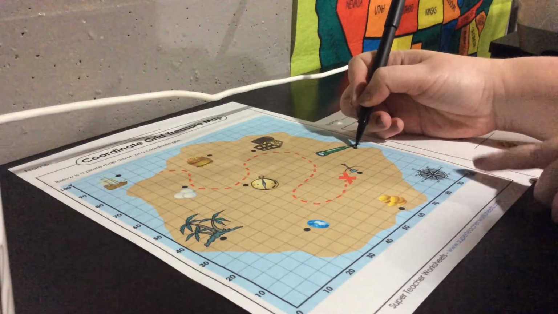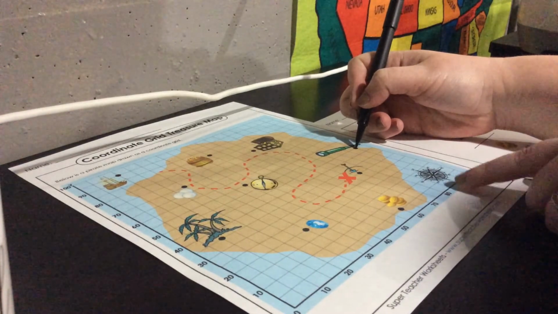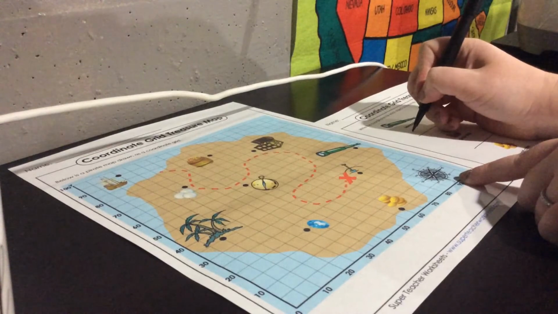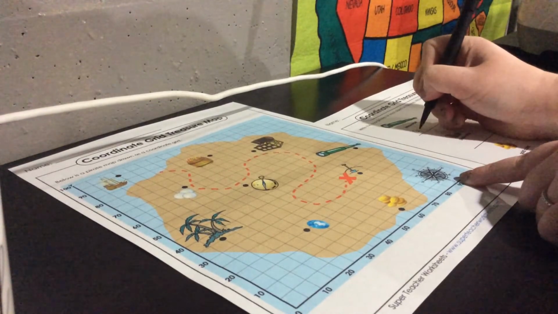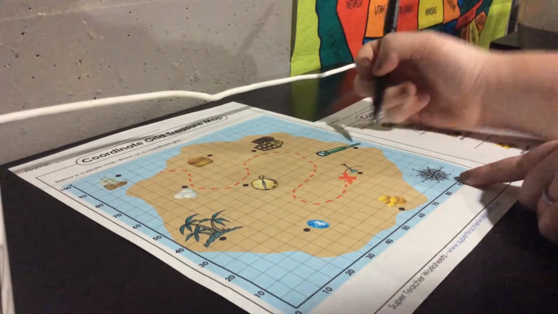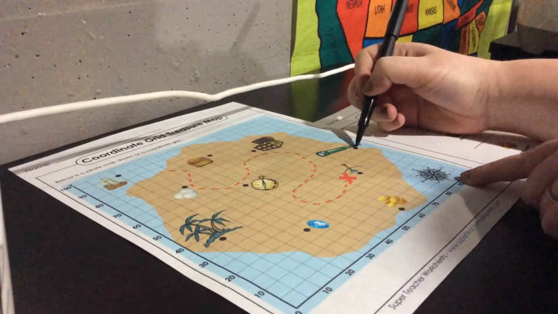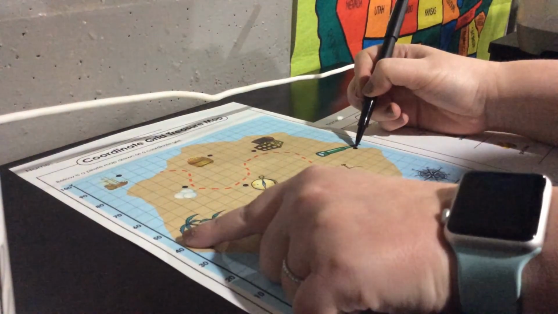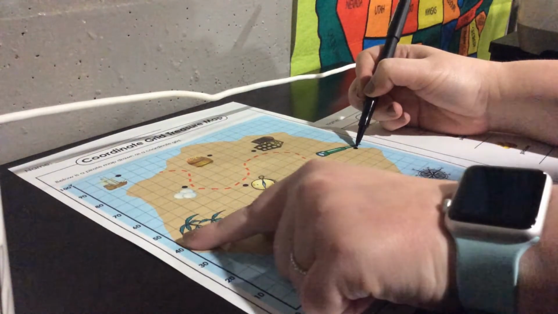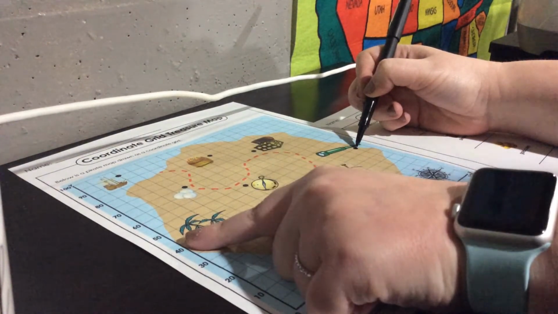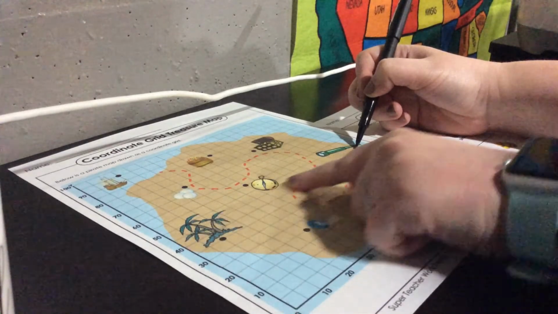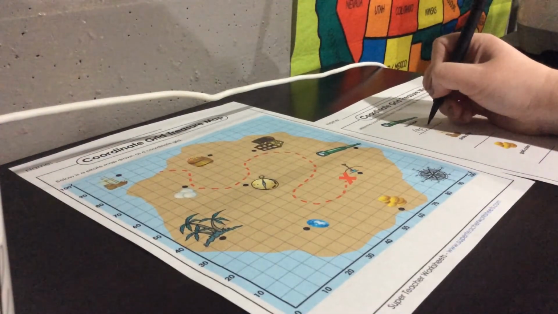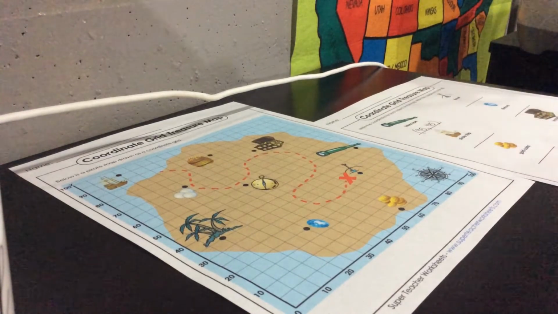Okay, if I split that in half, I would be at 95. So my x is 95. So I'm going to write parentheses 95, comma, and then I'm going to count how many I go up. So on my y, it looks like I'm right between 40 and 50, which is 45. So my y is going to be 45 and then close parentheses.